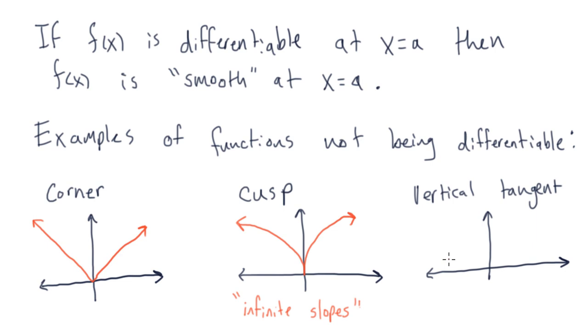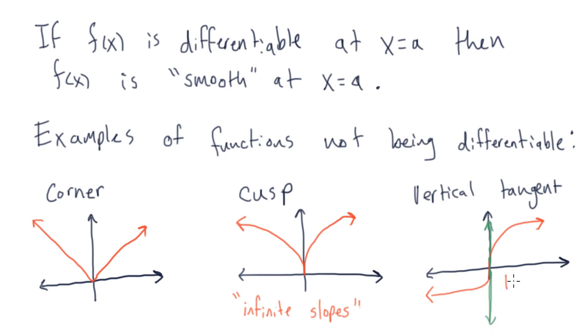And so if our function looks something like this, so we go up and we see that our tangent line, the slope, is actually becoming undefined. So the tangent line exists here, but the slope is undefined.